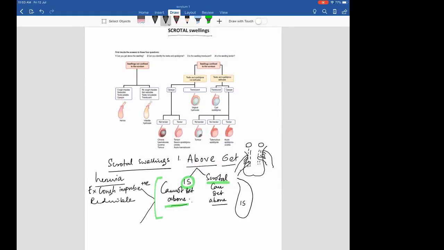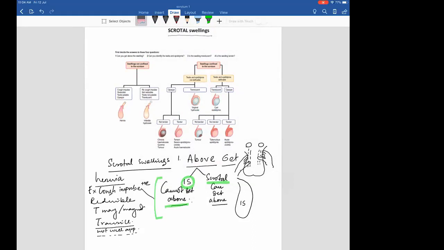Number three, the testes may or may not, please mark my words, may or may not be palpable. And the last one is, if you perform a transillumination test, then transillumination is usually not well appreciated. Now, don't say that it is negative. In a child with a hernia, it is not absolutely negative.